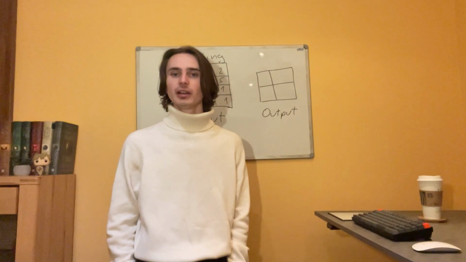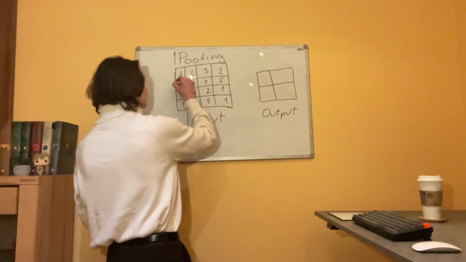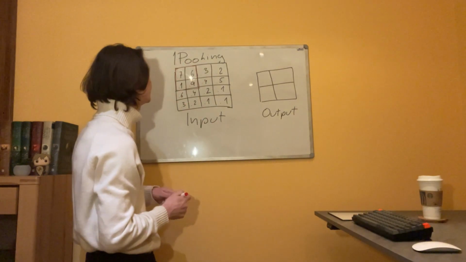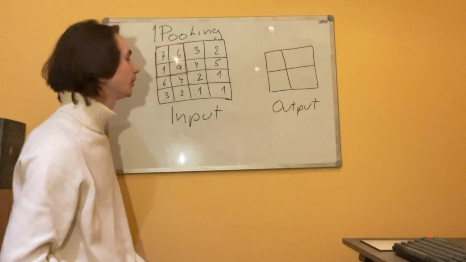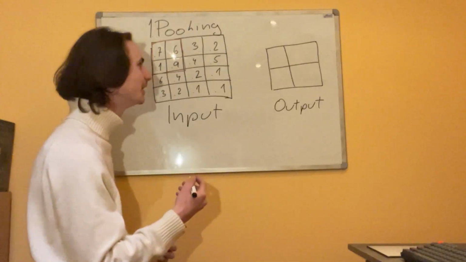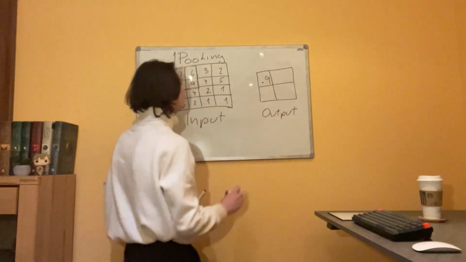again. If we look at this example, we would first look at this 2x2 square. We see that the highest value is 0.09 or 0.9 in this case. So we would preserve it and it goes into our final output.